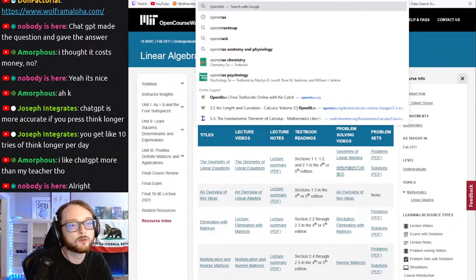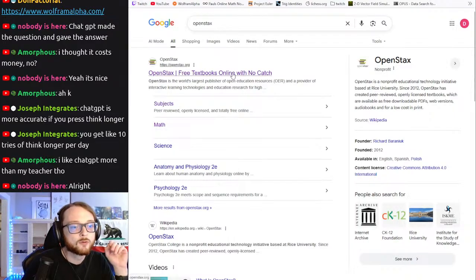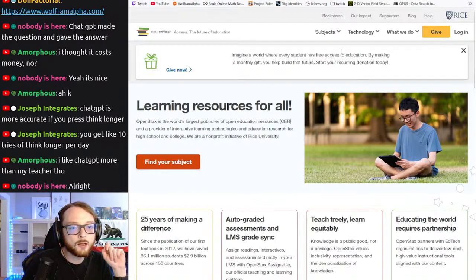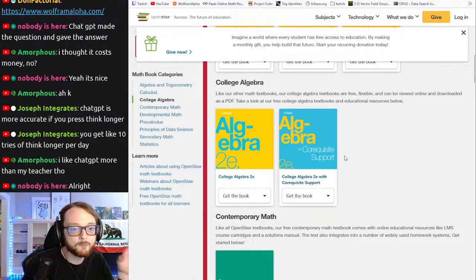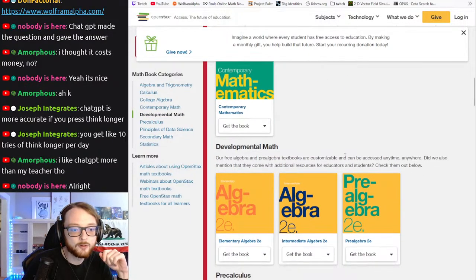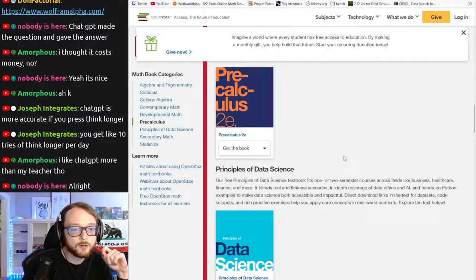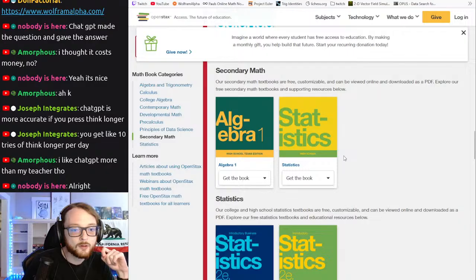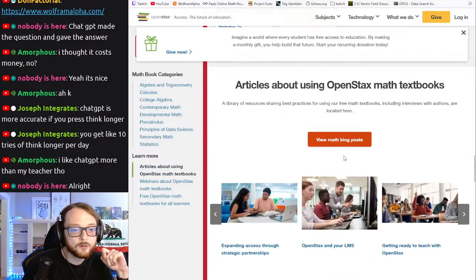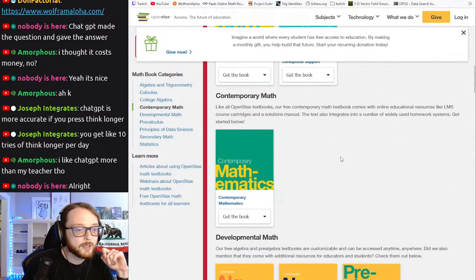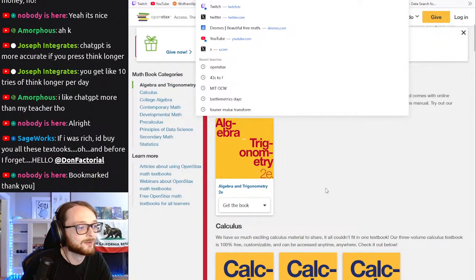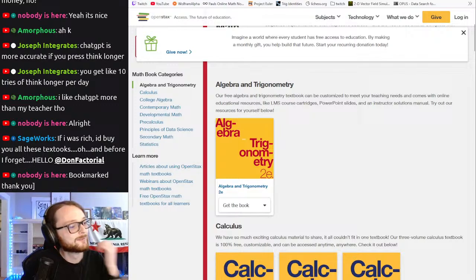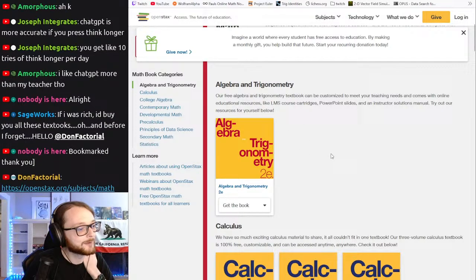OpenStax. Free online textbooks. They should have systems of equations in one of these books, and these are completely free. And unlike ChatGPT, they won't randomly be wrong. Well, they might have typos, but not as much as ChatGPT would.